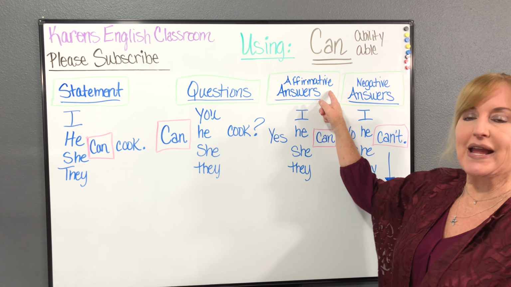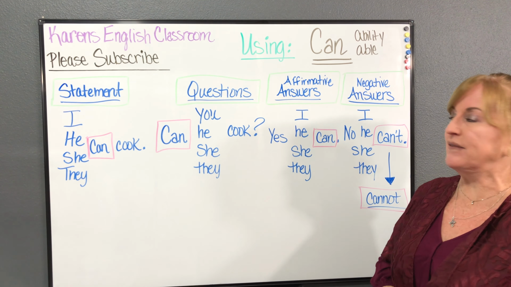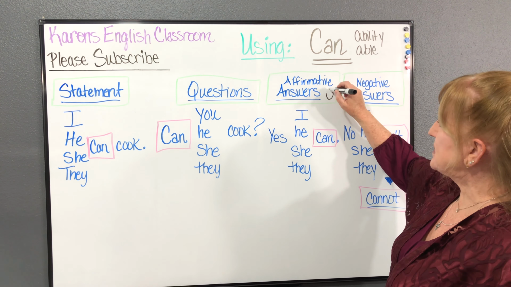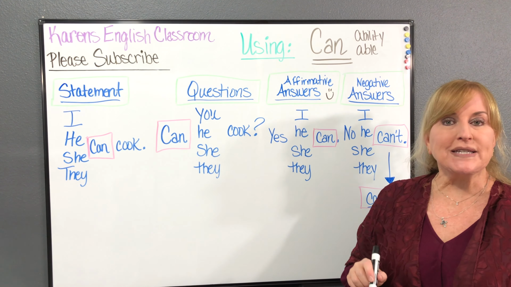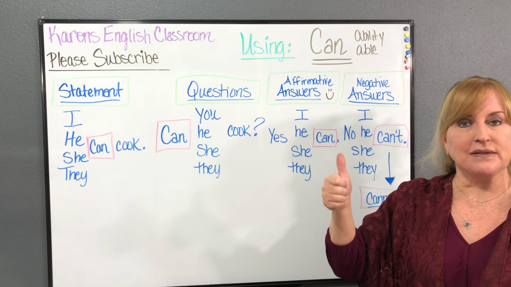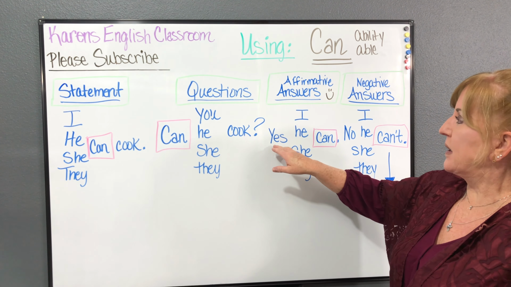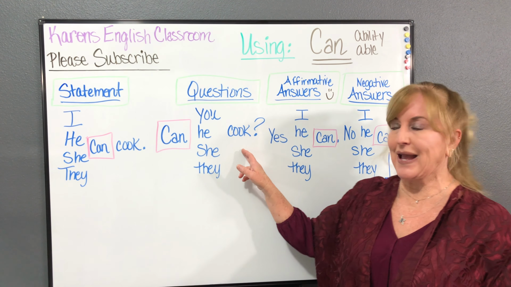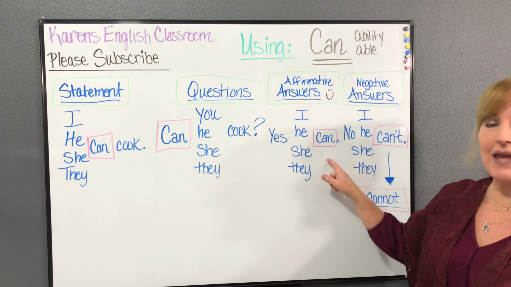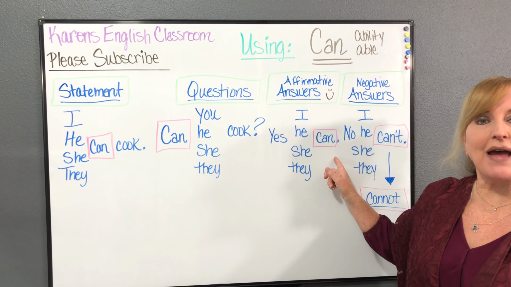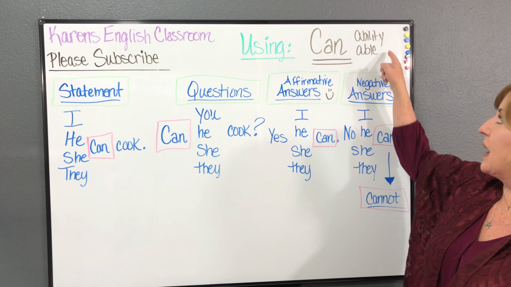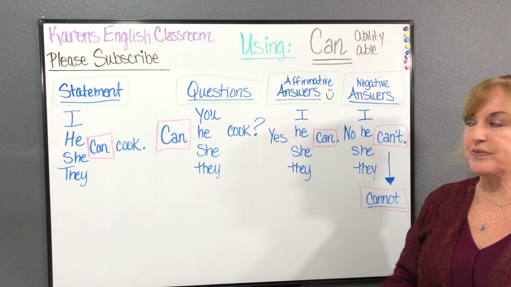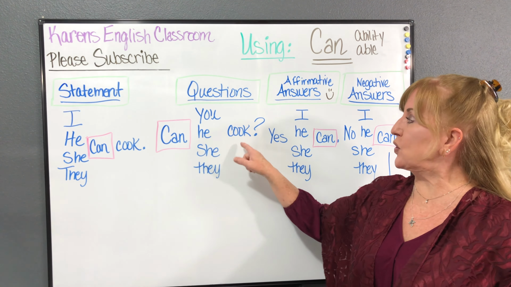Now, if I answer yes, affirmative, we'll put a little happy face, so we know it's yes. Thumbs up, yes. We like it. So if I say, can you cook? My answer can be yes, I can. That means yes, I have the ability. I am able to cook. Can he cook?